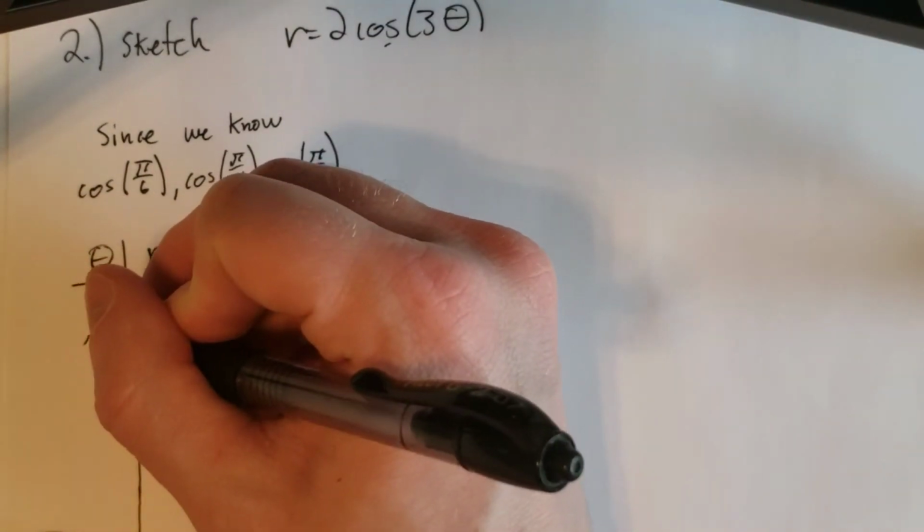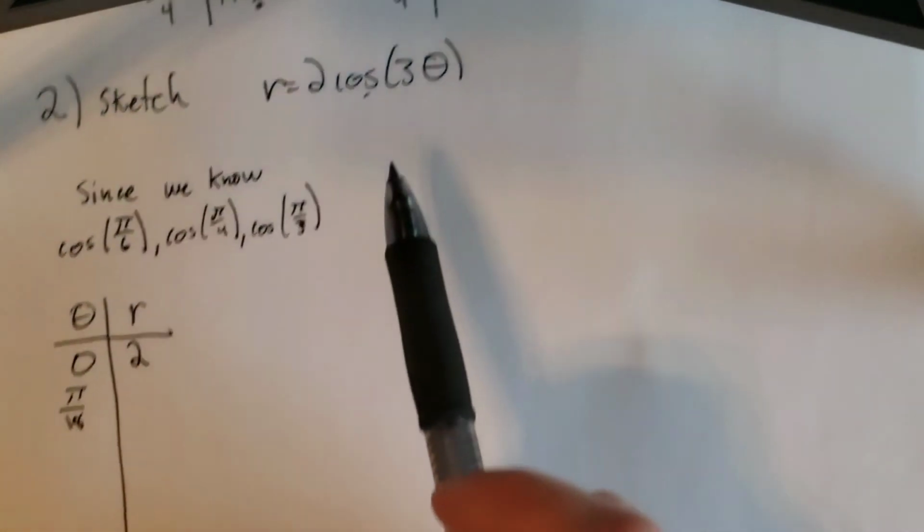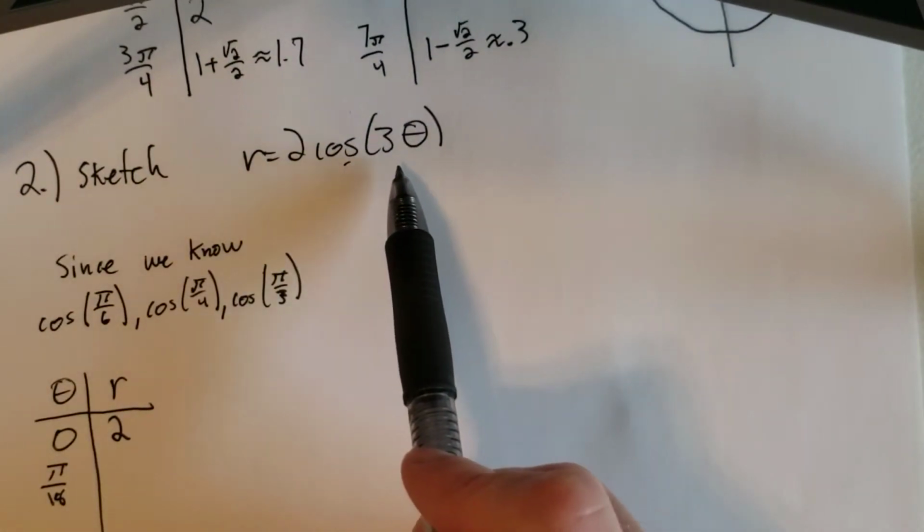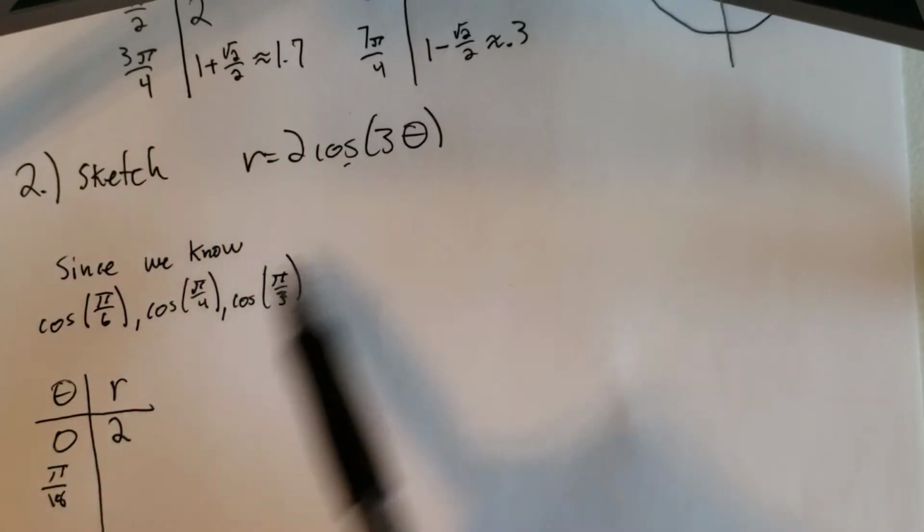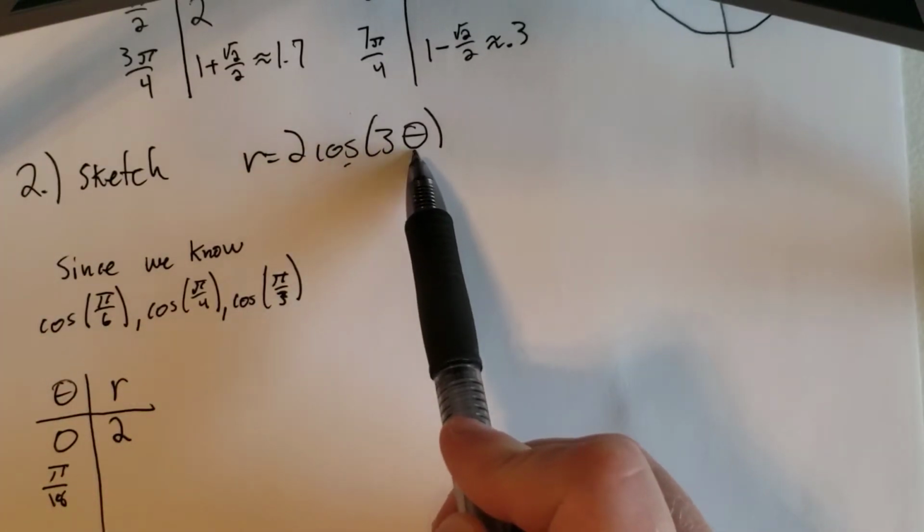Next theta we might want to plug in. Well, if we know cosine of pi over 6, then we can take the pi over 6, divide by 3, so let's plug in pi over 18. Again, why do we do that? Because when we plug it into r is equal to 2 cosine 3 theta, we get 3 times pi over 18.